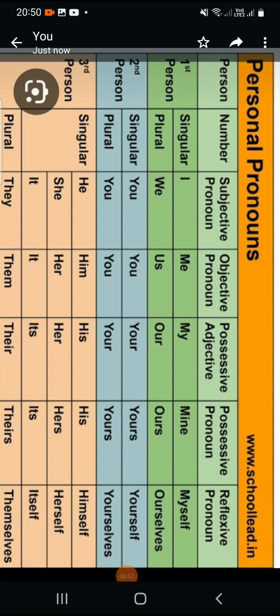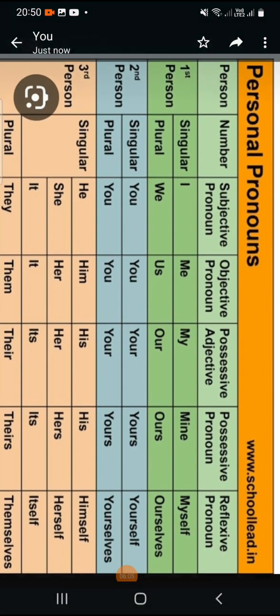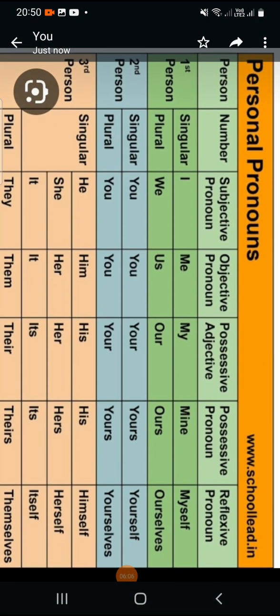So let us start. First of all, before remembering personal pronouns, you have to remember 3 things. First, person. You know that in English there are 3 persons. First person starts from I, and if plural then we. Second person, you, and plural is also you.